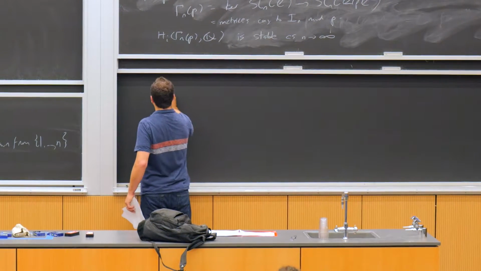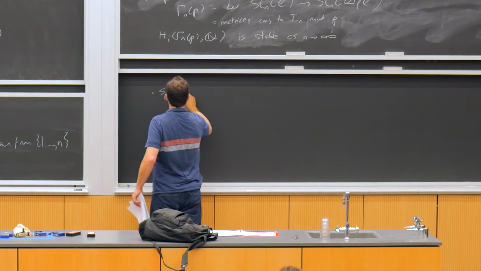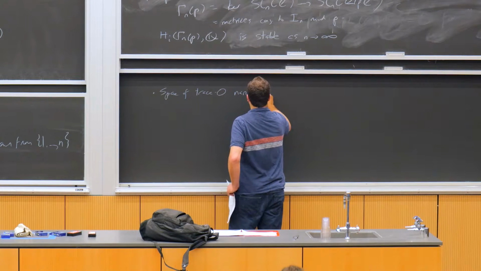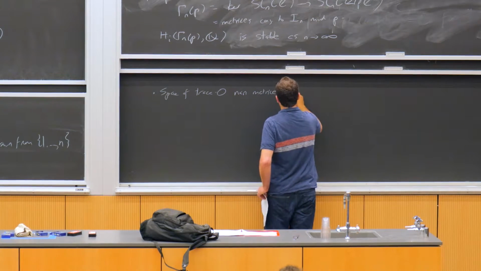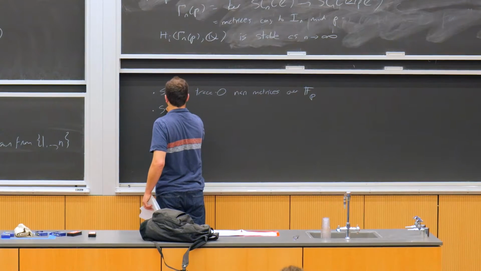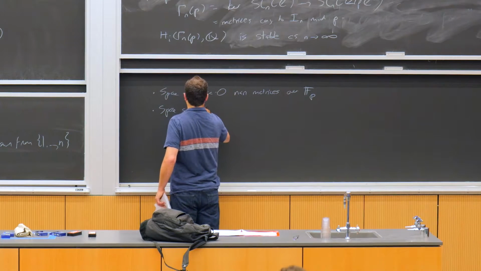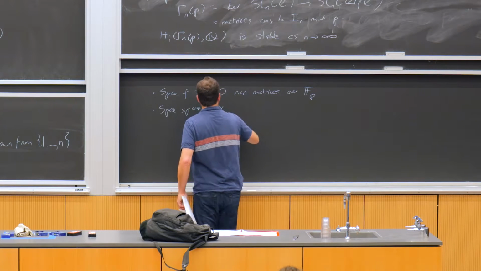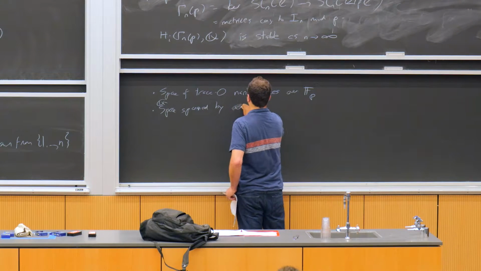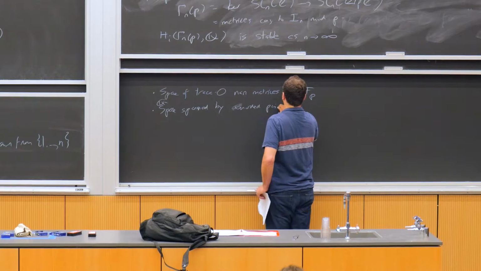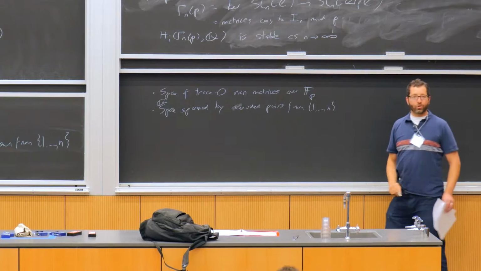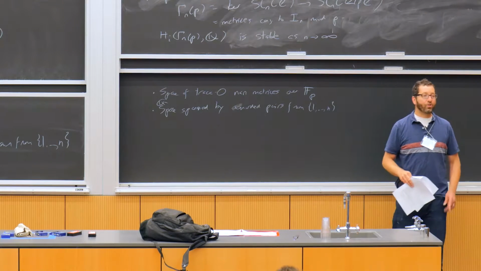The space of trace 0 n by n matrices over FP, and the space spanned by, maybe I'll say this one is over the rational numbers, unordered pairs of integers between 1 and n. So these are two, each one of these is a sequence of vector spaces whose dimension grows with n.